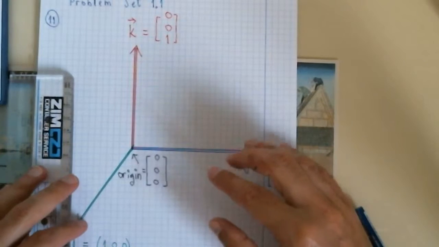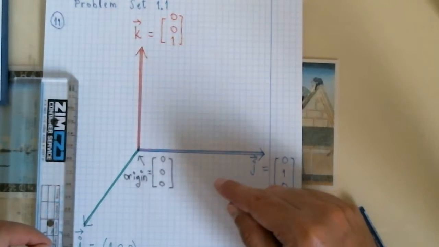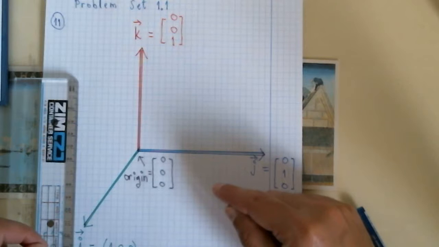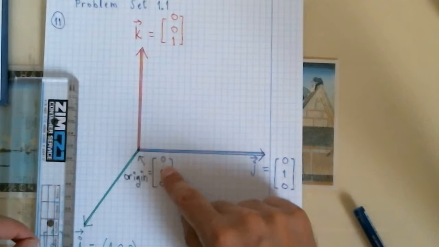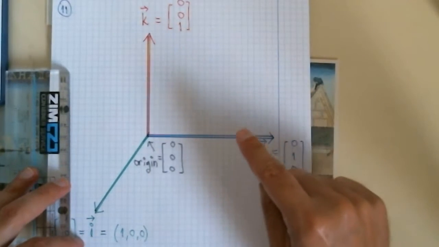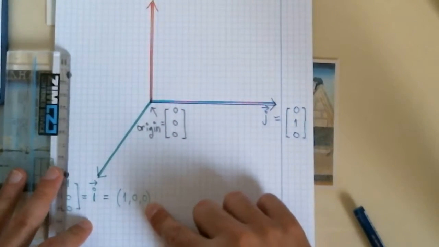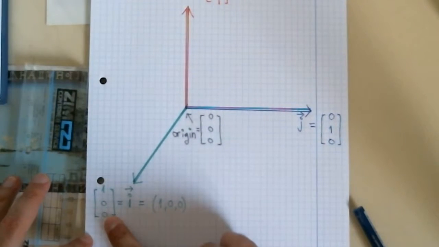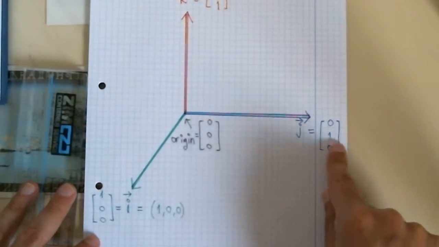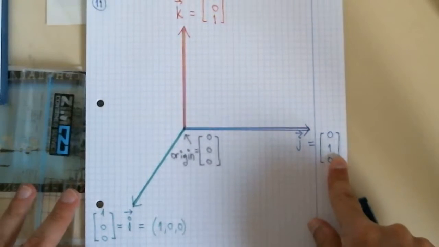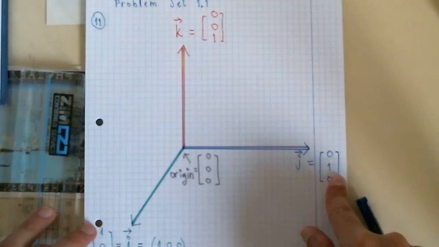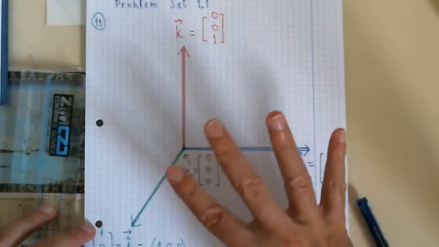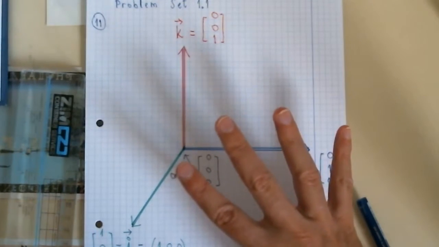Now we have these four corners: 0, 0, 0; 1, 0, 0, which is I; 0, 1, 0, which is J; and K, which is 0, 0, 1. These are the four corners that are given to us.